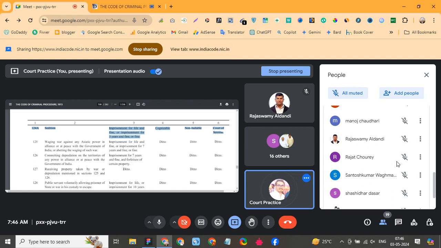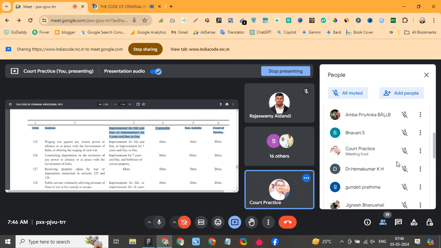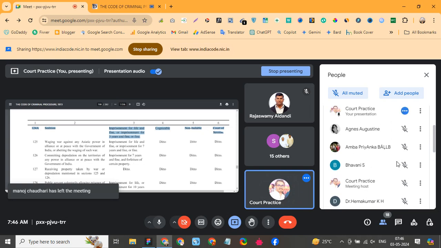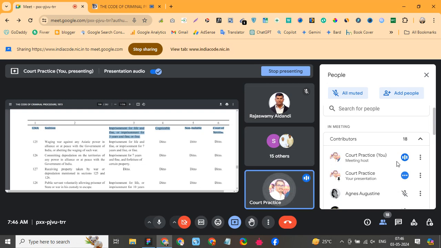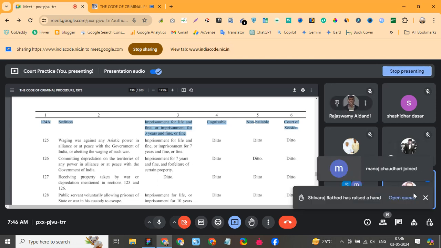Rajat ji, Shivraj ji, Sumit ji, Hema Kumar ji, am I audible to you? Can you hear me? Yes, Shivraj ji, can you please read it for us?